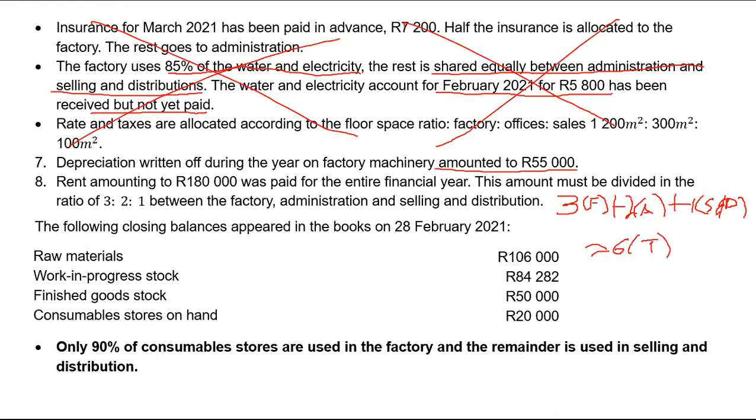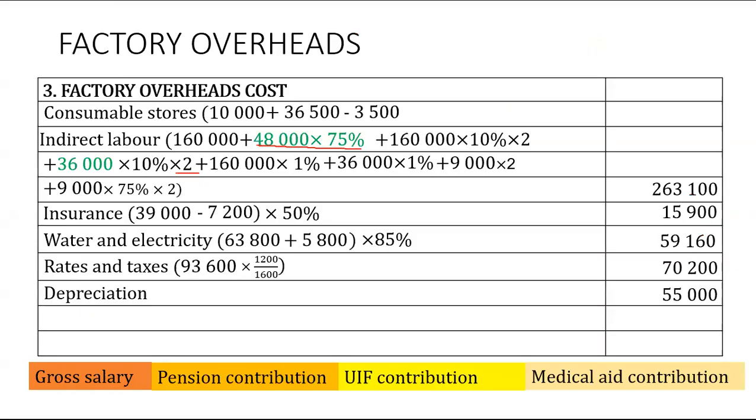If I want rent for the factory, I'll just take that 180 times 3 over 6, and that will be recorded under factory overheads.